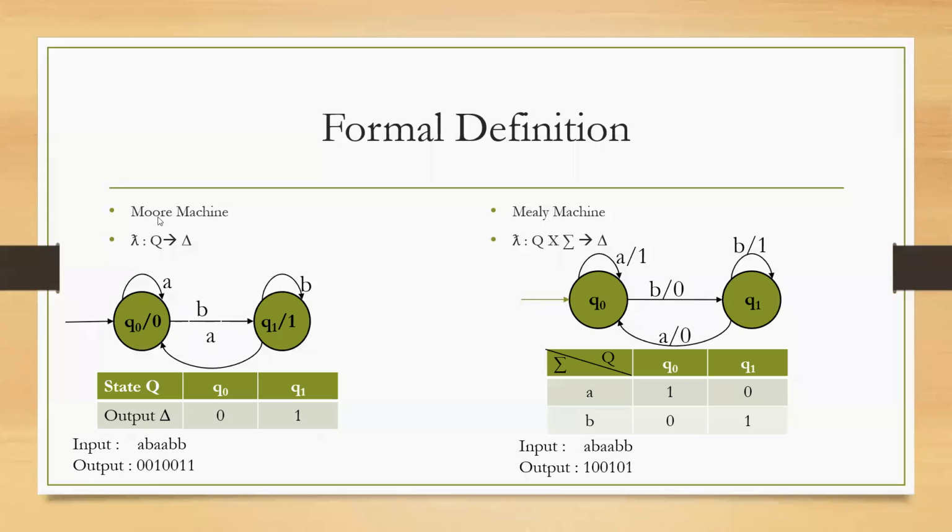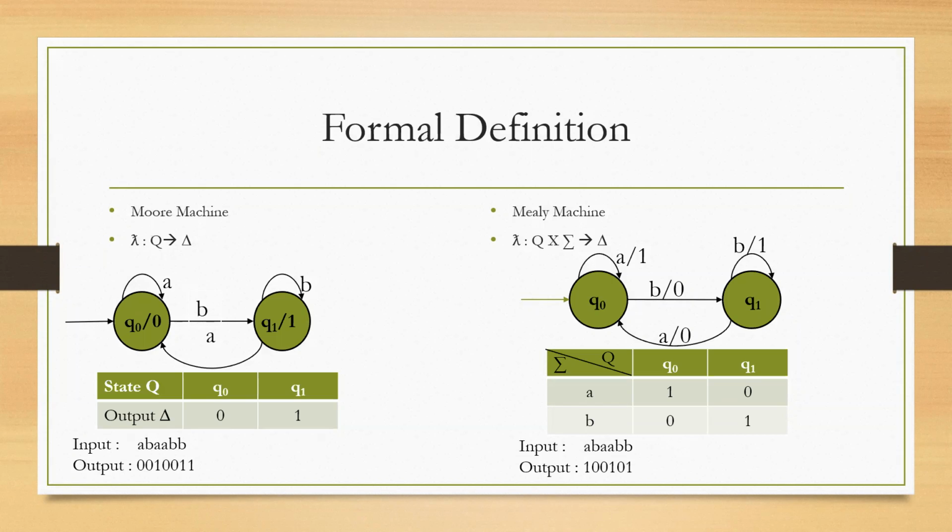Moore, you can remember the two O's. It means output on state. So irrespective of the input symbol given to the state, the output is generated. You can give any input to the state, but its output is fixed.